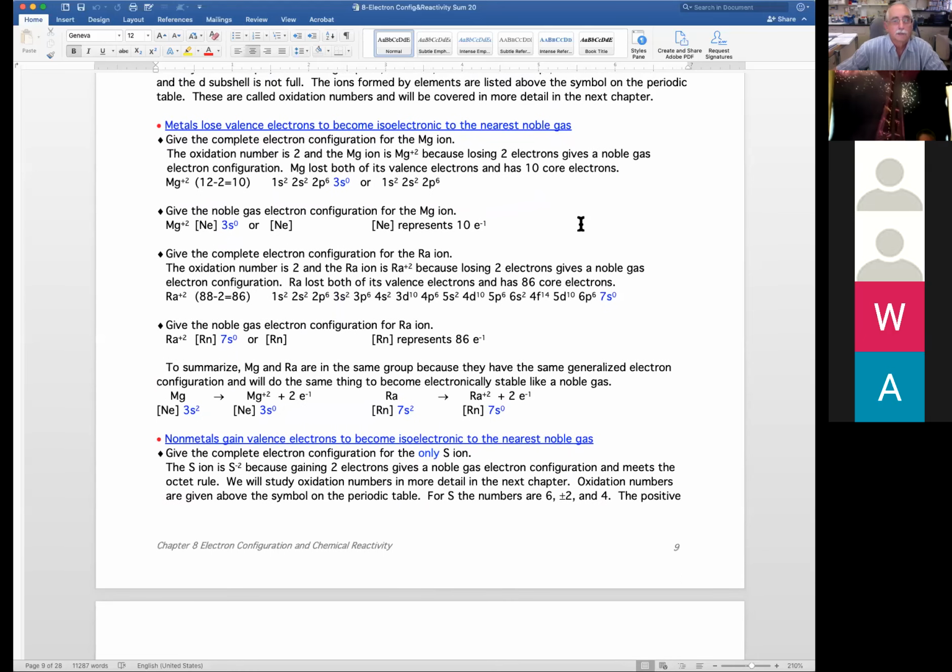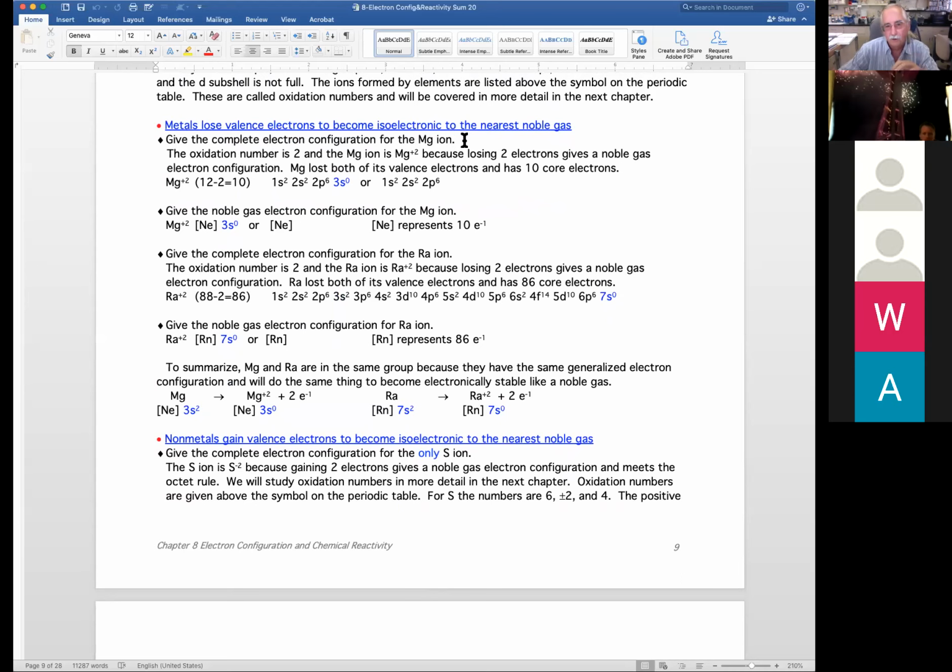So let's look at magnesium again. Give the complete electron configuration for the magnesium ion. If you look at magnesium on the periodic table, you'll see its electron configuration there, but you also see the oxidation number, which is right above the symbol. It's only a 2.